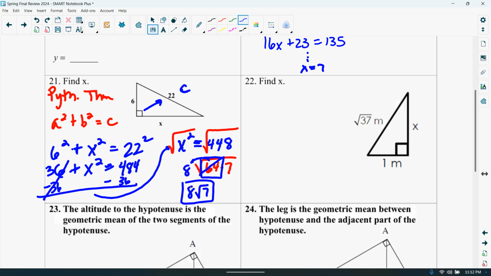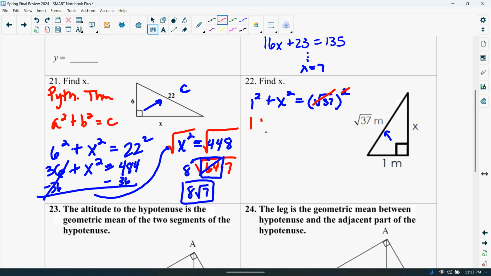Now I wanted to address number 22 as well, because just remember on your setup what happens when you square a radical. So this would be 1 squared plus x squared equals, you need to put this in parentheses, the square root of 37 squared. Whenever you square the radical, it gets rid of the radical.